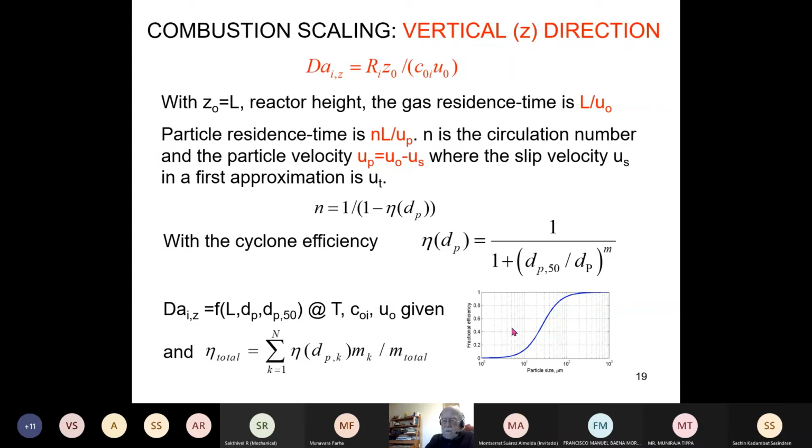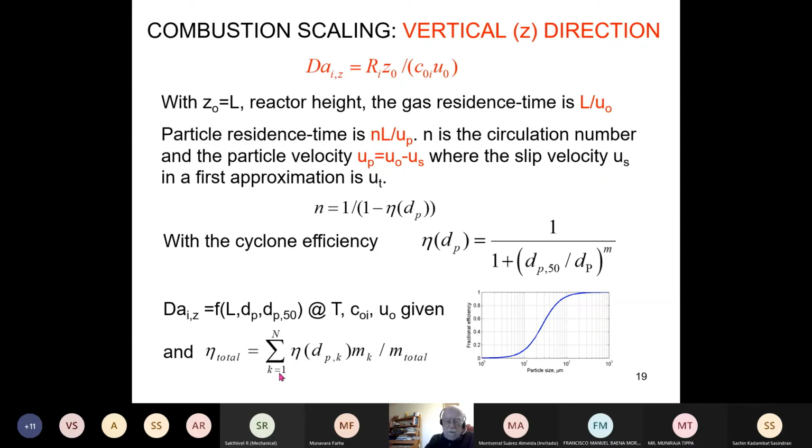So the cut size tells us directly, it is a sign of the efficiency of the cyclone. It's written here. So it is expressed by this equation, but it can also be seen directly, as I pointed out. And of course, the total efficiency is the sum of all the local efficiencies.